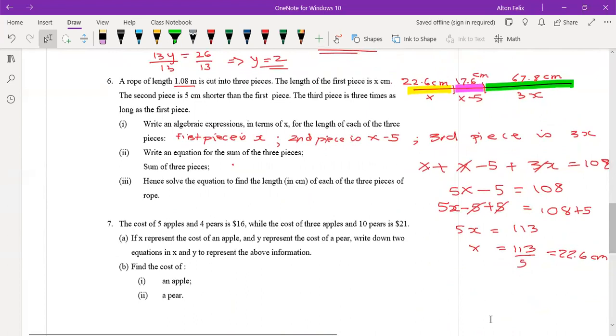So we're going to verify that 22.6 add 17.6 add 67.8. Right, so that's 108 centimeters as shown. So we did our calculations okay, in spite of the answers having decimal parts. Now, let's go to the last question, number 7.